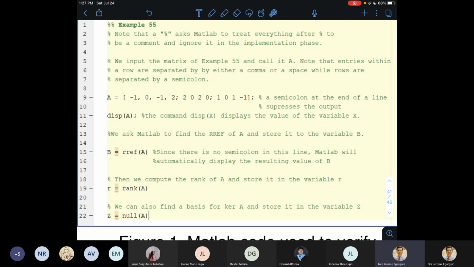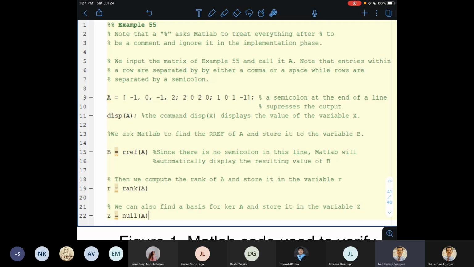Ipa-perform yung operation pero hindi niya i-display sa command window yung result. Pero what will happen is that if after some time you decided kailangan ko pala siyang makita, pwede niyo siyang i-display by using the command disp.